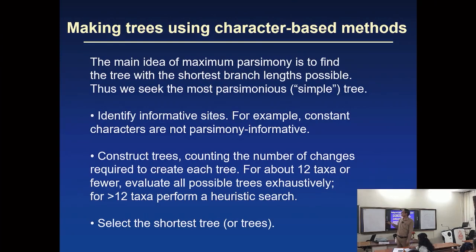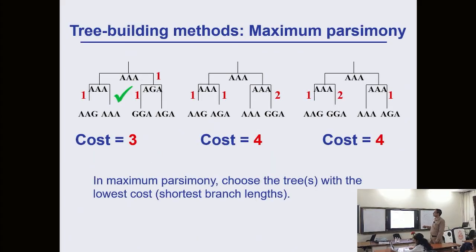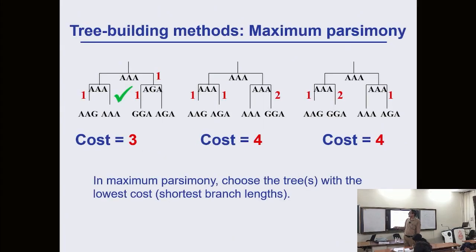As I told you, let us see with an example. There are 4 sequences and you want to create different tree topologies and identify the topology that has the minimal number of substitutions or mutations. These sequences are at the leaf nodes: AAG, AAA, GGA, AGA.